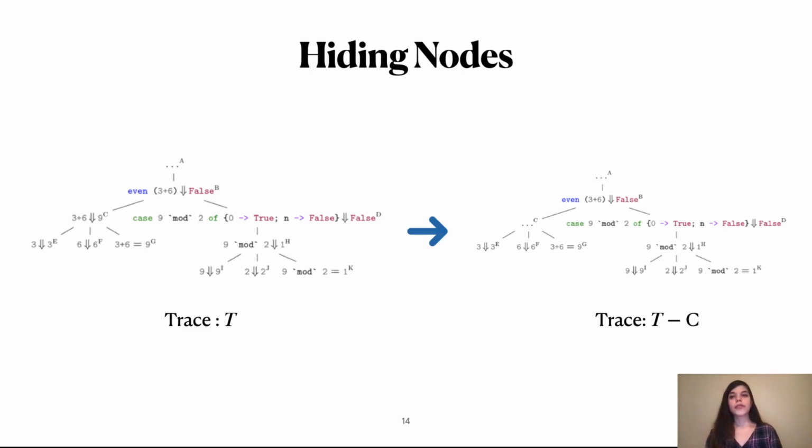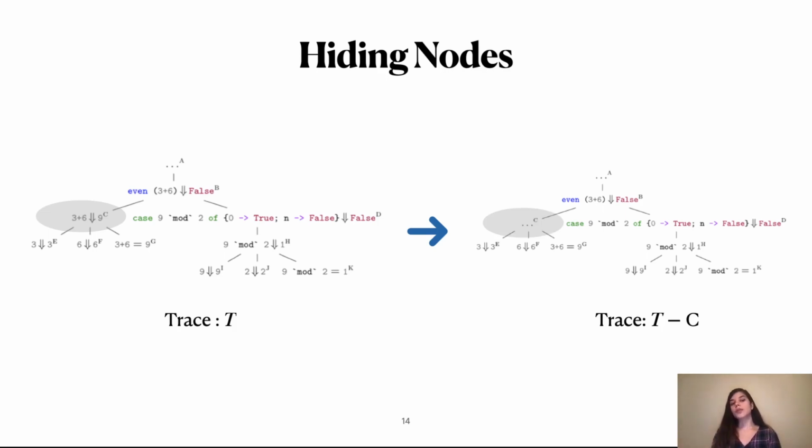On the left side, we have a trace for the program that checks if 3 plus 6 is even. If we look at the node C, that shows the computation for 3 plus 6 equivalent 9. And this can be considered a very trivial computation. And so we may not want to keep this in our explanation. We can simply hide this by replacing this with ellipses.